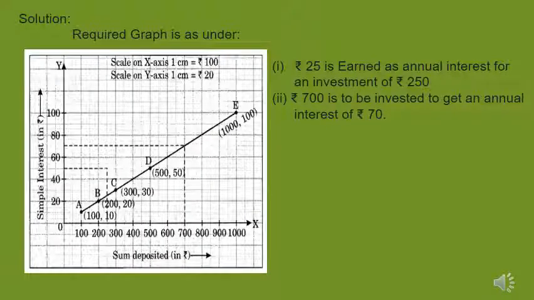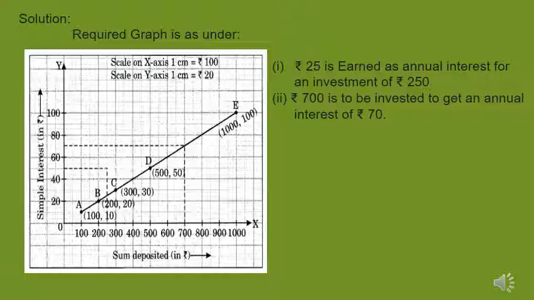So students, using the given information, here we have plotted the graph, with simple interest in rupees on the y-axis and sum deposited by ladies on the x-axis. After plotting the graph, we get a straight line through points A, B, C, D, E which we joined.